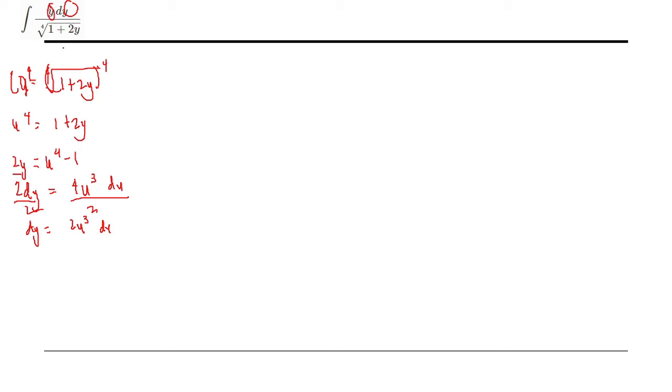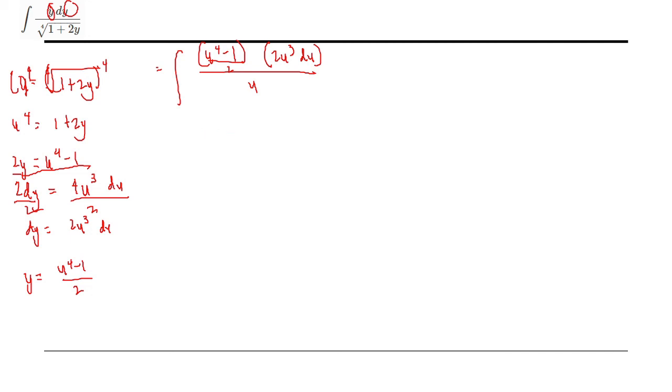With this transform, y is equal to u to the 4th minus 1 all over 2. So simplifying that, y is u to the 4th minus 1 all over 2, multiplied by dy, which is 2u cubed du, all over u.